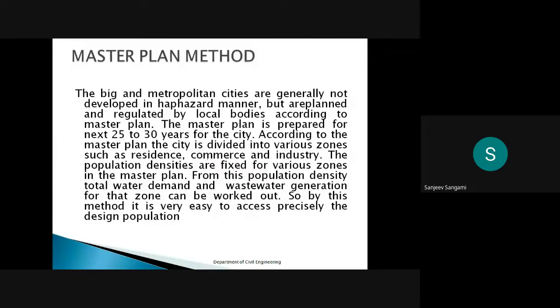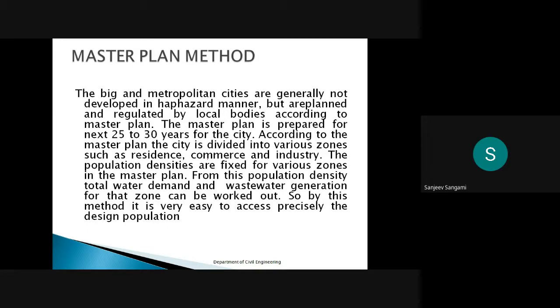Some metropolitans, like Bombay, are not that much master planned. So take the example of Chandigarh. If you are planning for some cities, you better refer to the Chandigarh plan, how the population was forecasted and how they developed it.